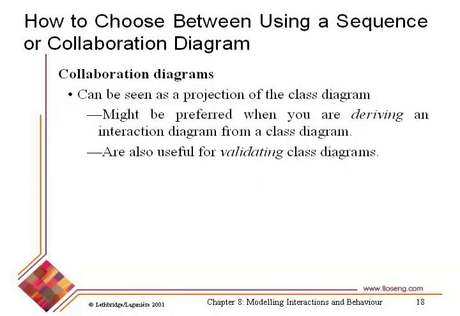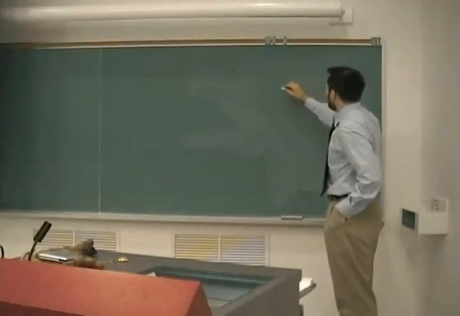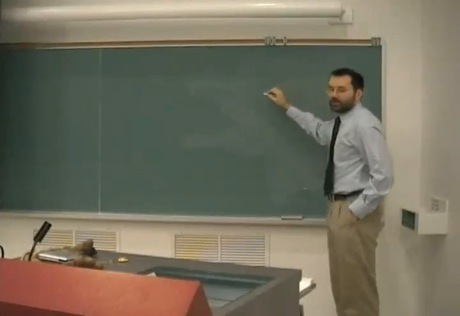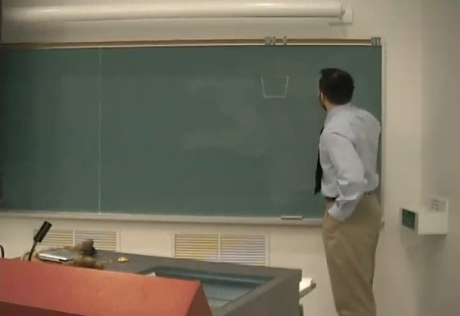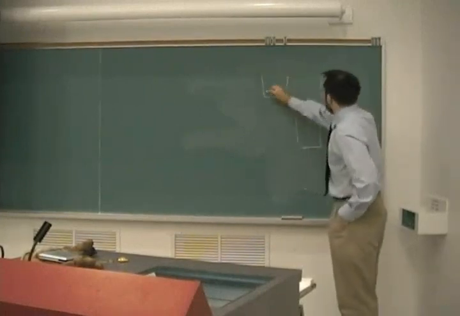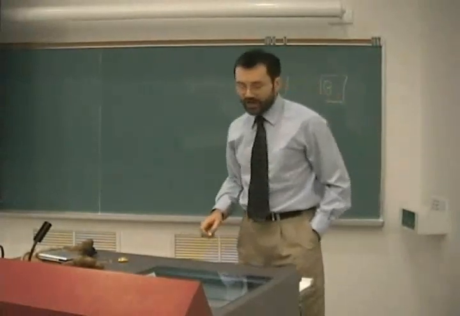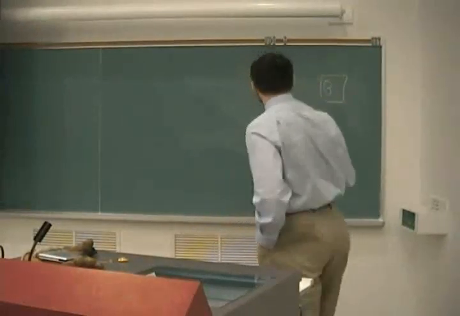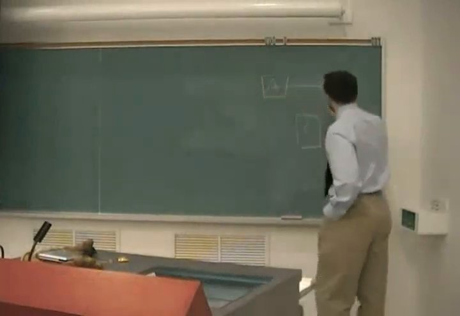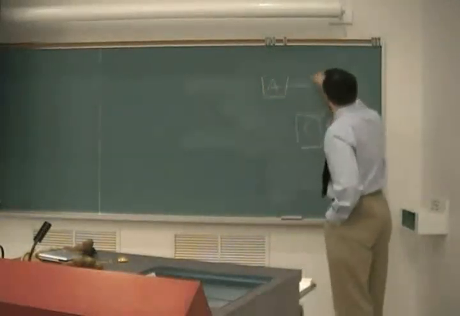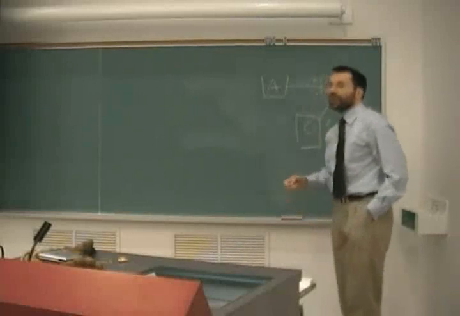So for example, if I say to myself, well, I have A, B, and C, and this is my class diagram. I have an association here, I have an association there, let's say. Now I want to work out a sequence diagram from this.